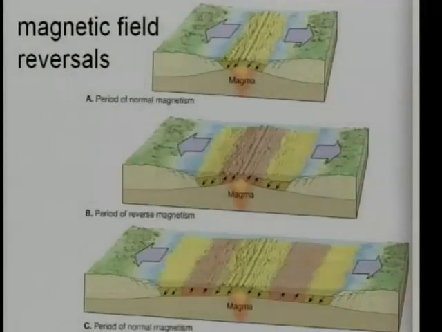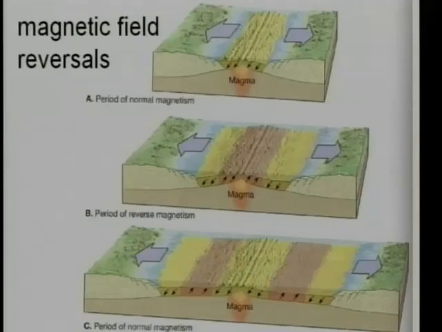Another thing that's going on during this process is that you're getting magnetic field reversals. In the conventional view, this is one of the great evidences for conventional plate tectonics: as the mid-ocean ridges are formed, you've got the magma coming up and being cooled. Within the rocks that are formed there, you freeze the magnetization direction of the Earth at that point.